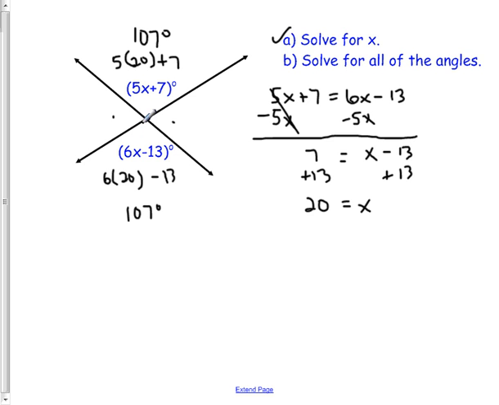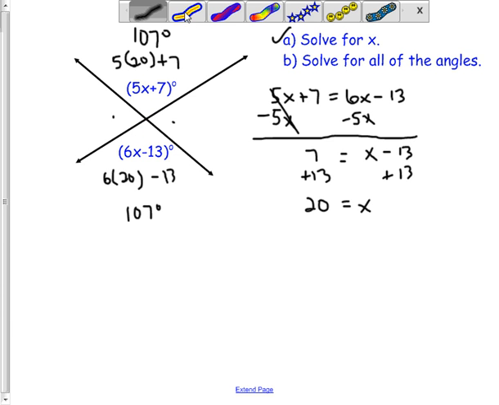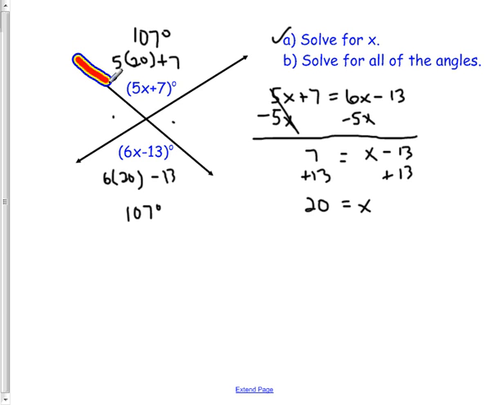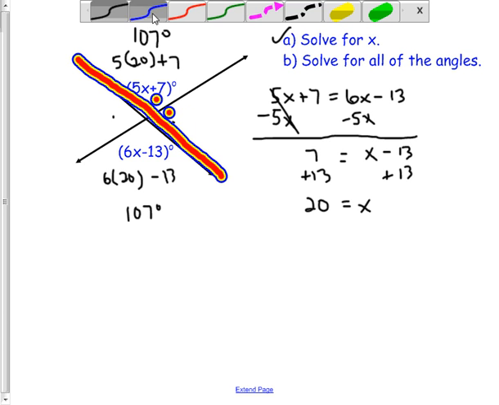So what we're going to do is I'm just going to focus on half of it. We'll kind of divide it here. And these two angles, the 5x plus 7 and this missing one, those two have to add up to 180. They're a linear pair. So if this is 107, we got to figure out what this angle is going to be so that they add up to 180.